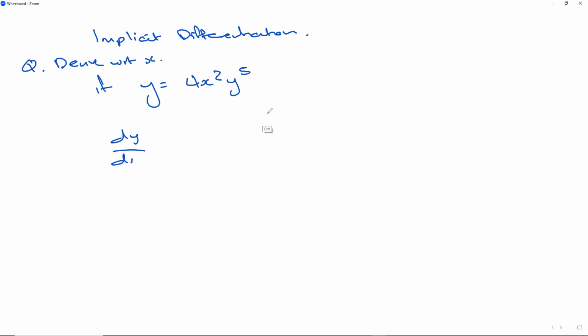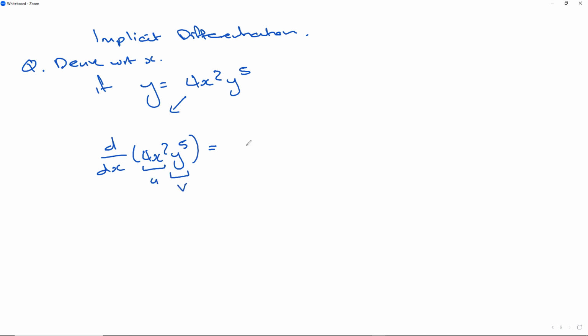If I derive with respect to x, technically what I'm doing is I'm saying d dx, which means derive with respect to x, of 4x squared y to the power 5, and I can use the product rule. So that's going to become u, which is going to be that, and this is going to be v.